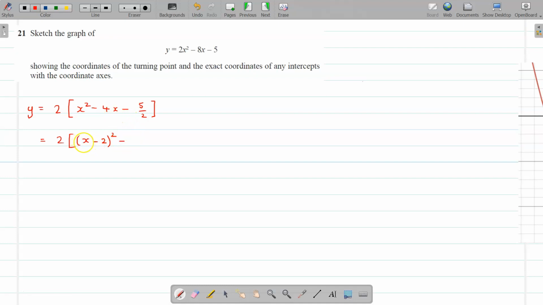That's going to give me x² − 4x + 4, so I need to take away that 4, and then I need to also take away the 5/2. Now when you process that further, you get 2 lots of (x − 2)², minus 13/2.